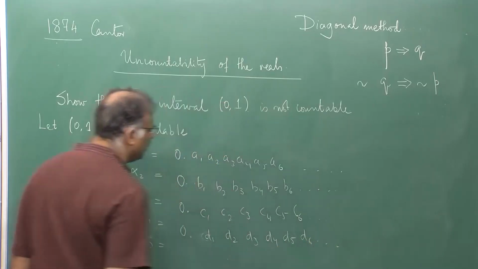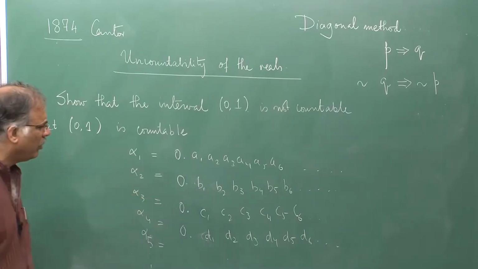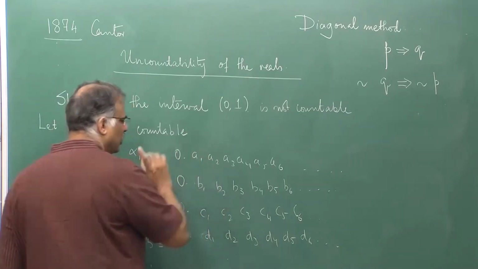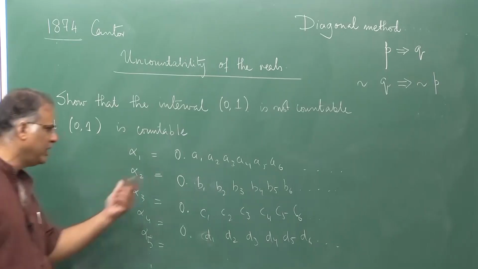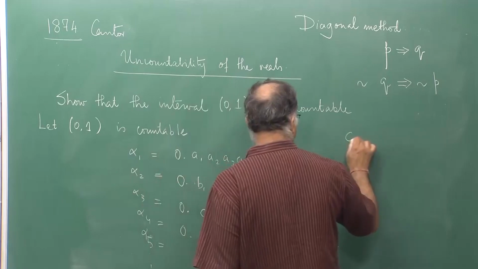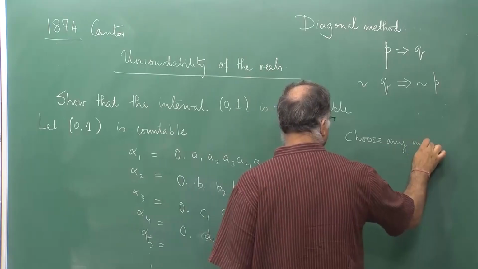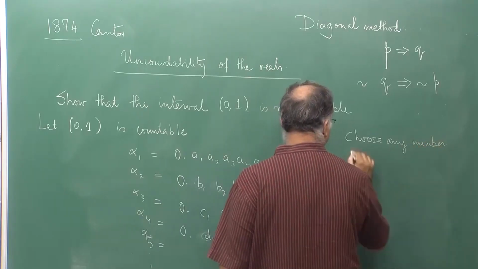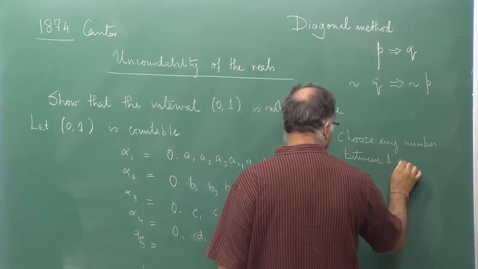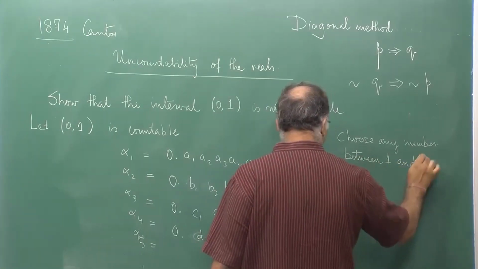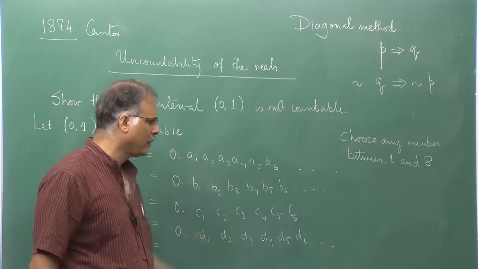Cantor did a very novel thing. He said, come to A1, choose any number between 1 and 8 that is not equal to A1, right?